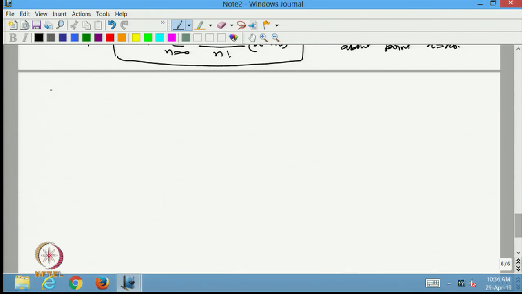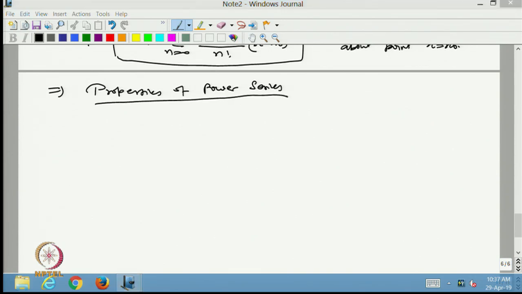So, now there are some properties of power series.